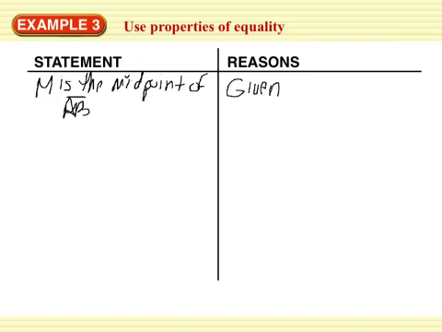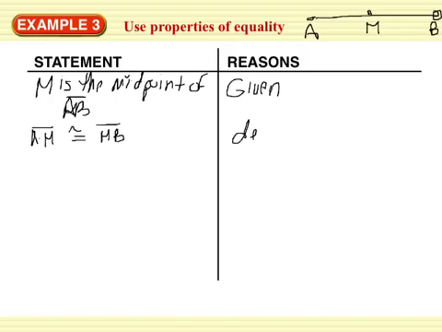Okay, so if M is the midpoint of AB, I'm just going to draw it right here: A, B, M. We know that segment AM is congruent to segment MB. And that is because we know the definition of midpoint.